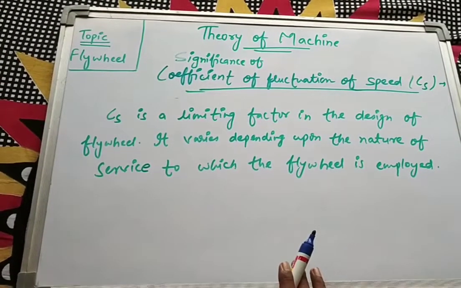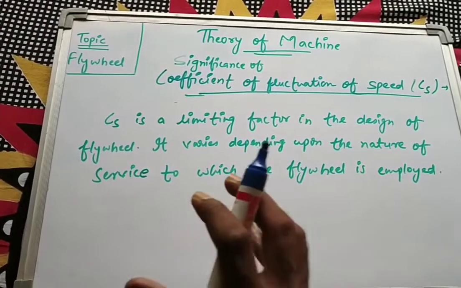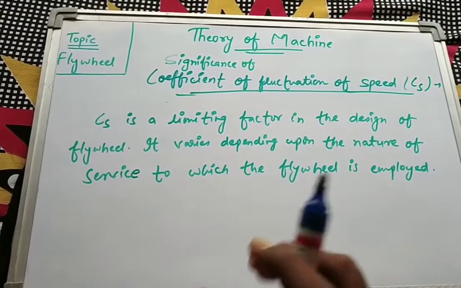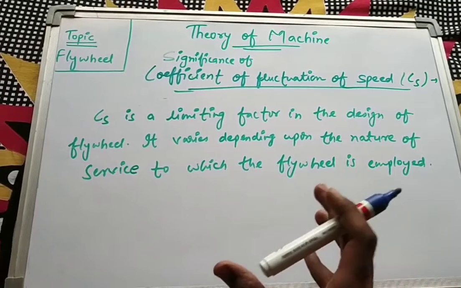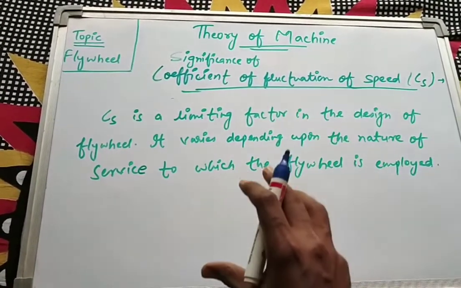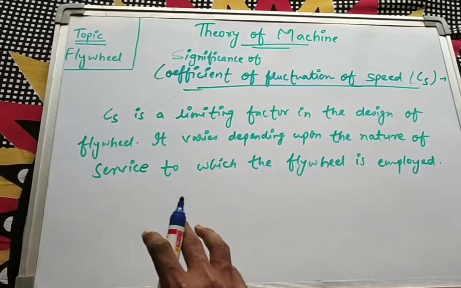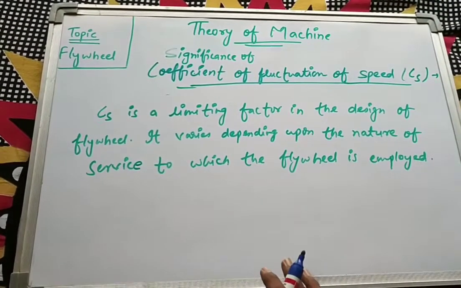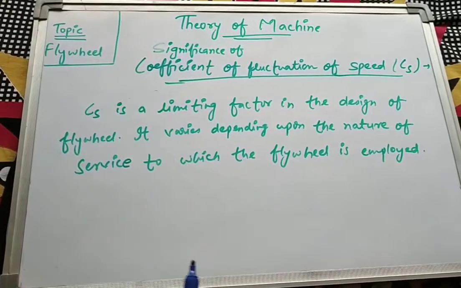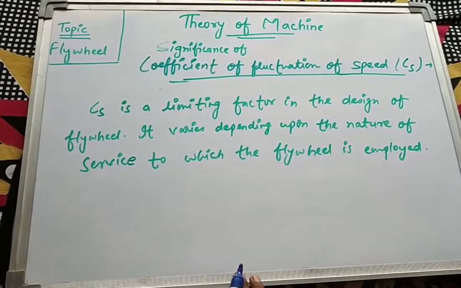That means the design of the flywheel, the type of engine in which it is employed, and the properties of materials used for manufacturing the flywheel all depend on it, and the coefficient of fluctuation of speed is the main limiting factor.